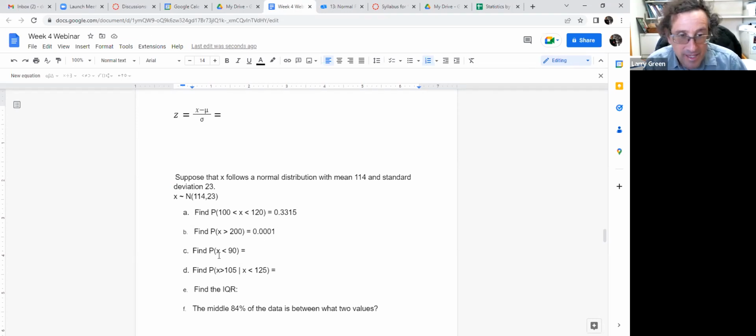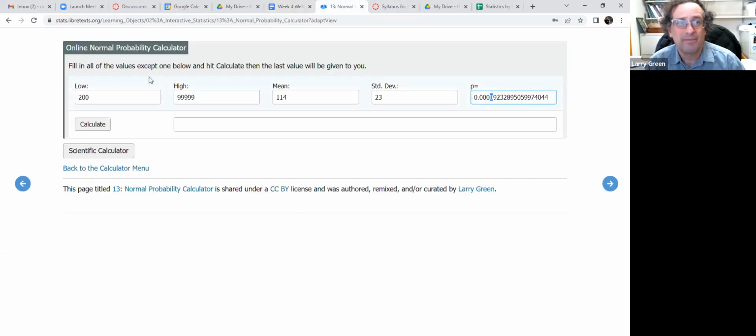Now we're going to find the probability that we're less than 90. Again, we don't know the probability. We want to be less than 90. The mean and standard deviation are the same. We're using the same distribution. Now we need the low and the high.